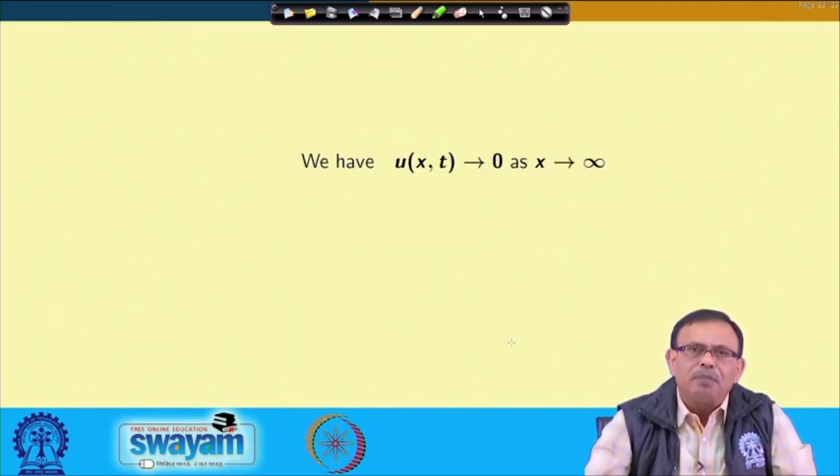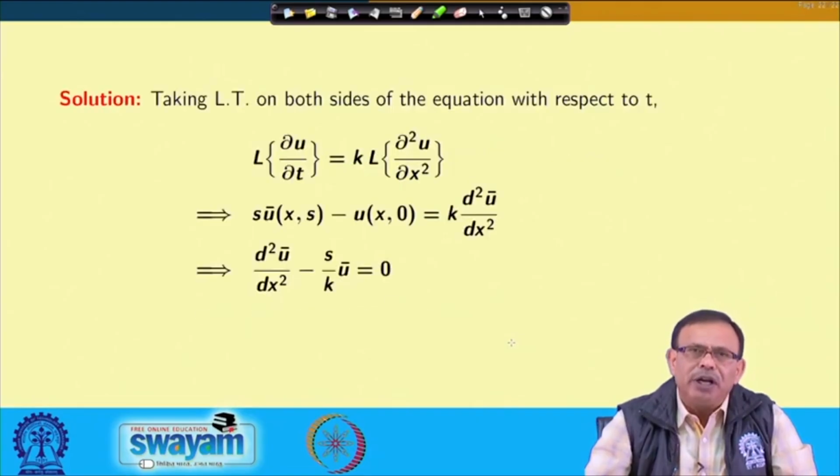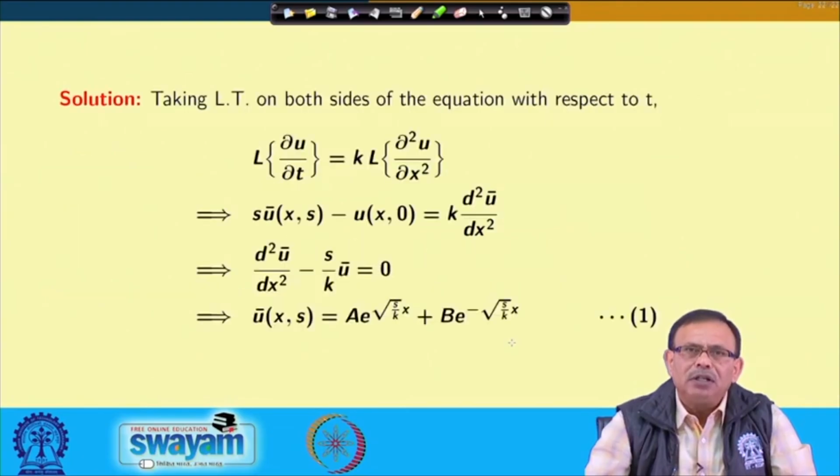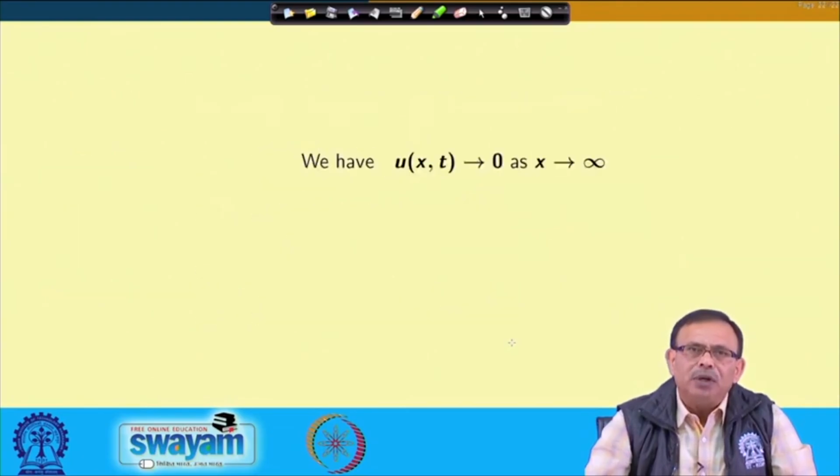Your u(x,t) approaches 0 as x approaches infinity. We are getting this basically from the condition that u(x,0) is 0 whenever x is greater than 0. So from here you can tell that u(x,t) will approach 0 as x approaches infinity, and from here you take the Laplace transform.